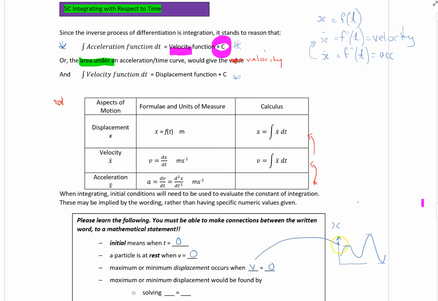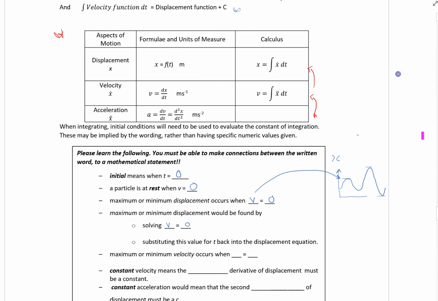Why? Because, like I've just said, the velocity is the expression or the application of the first derivative of displacement. Maximum or minimum displacement would be found by, what would we need to do? We would need to solve v equal to 0.